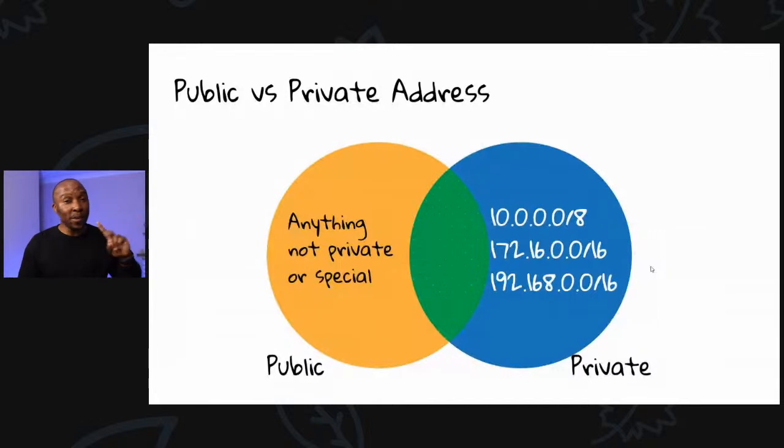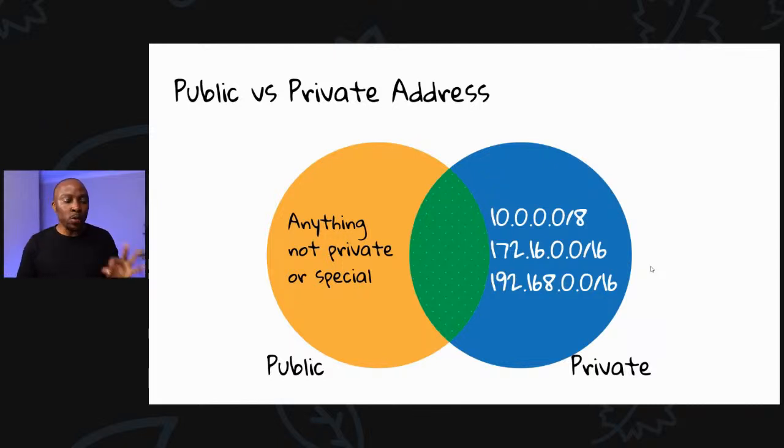Remember earlier on I said the slash notation. So when I say /8, I'm assuming you understand that we are talking about the first 8 bits. So the first 8 bits must be identical. The last 24 bits can be different, but because they share the first 8 bits, which is a 10, they are going to be on the same network.